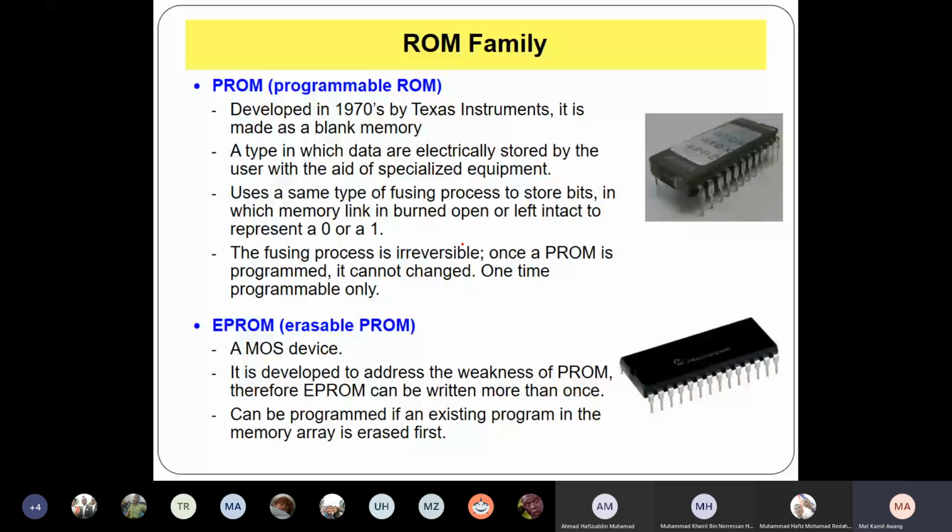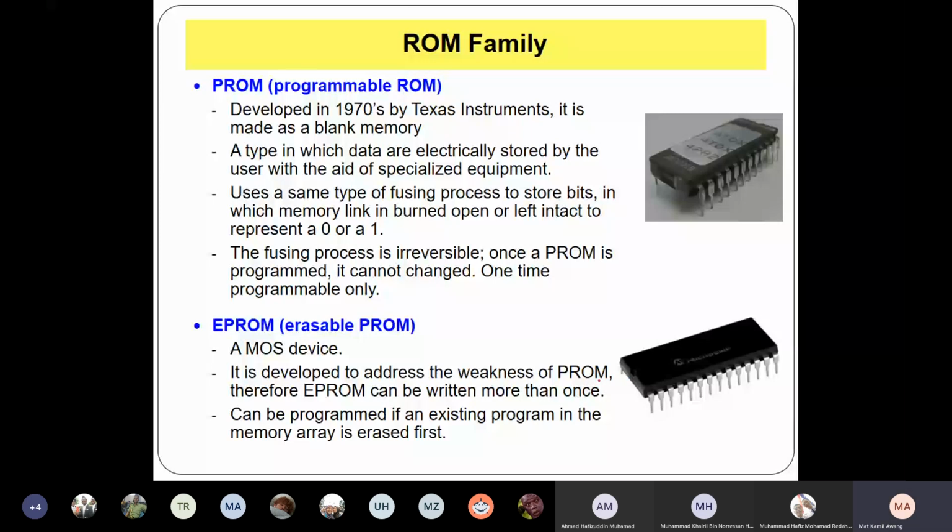The third type is EPROM. It's erasable PROM. It's a metal oxide silicon device. It was developed to address the weakness in PROM. Therefore, EPROM can be written more than once. So it's something like this.